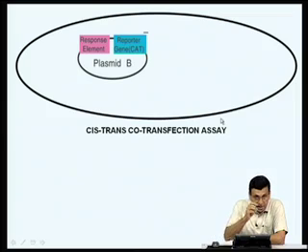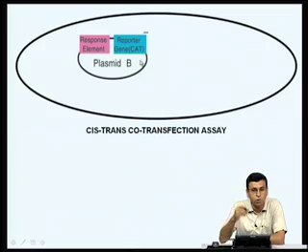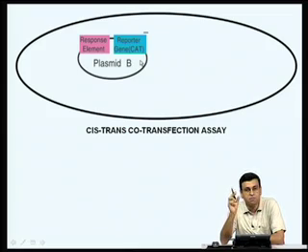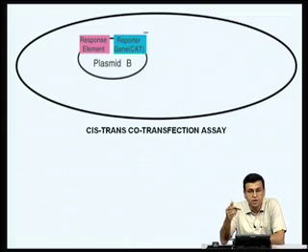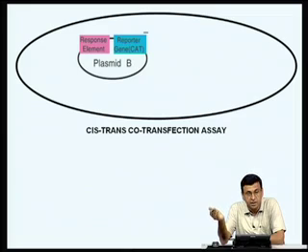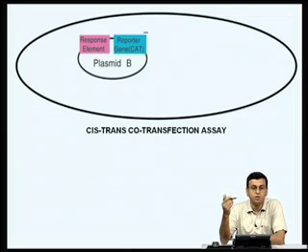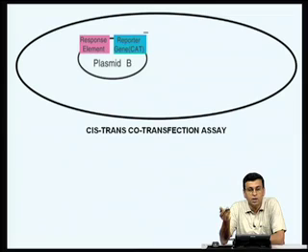You take this response element and clone it in front of a reporter gene, which can be either chloramphenicol acetyltransferase, which converts chloramphenicol to acetyl chloramphenicol, or luciferase, which oxidizes luciferin resulting in the emission of light, or even reporter genes like beta galactosidase, which when the enzyme is made will give a color when you use a chromogenic substrate.